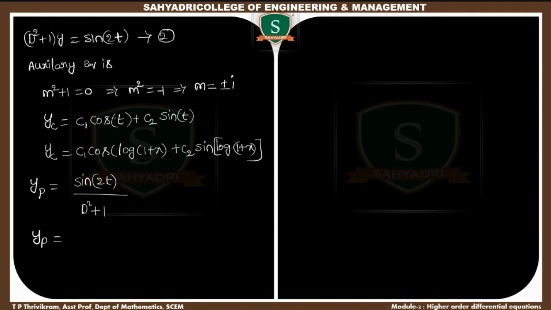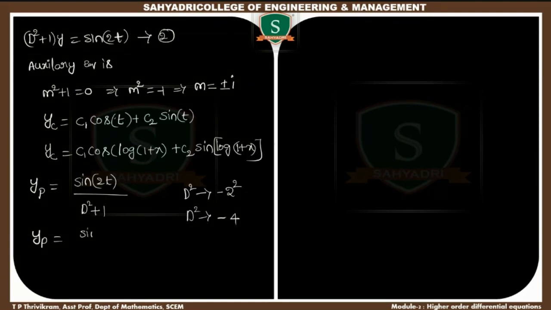D square must be replaced with minus of the independent letter coefficient squared. The coefficient is 2, so we get minus 2 square. So D square should be replaced with minus 4.